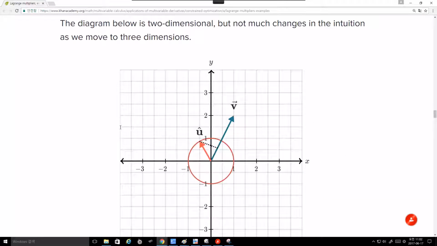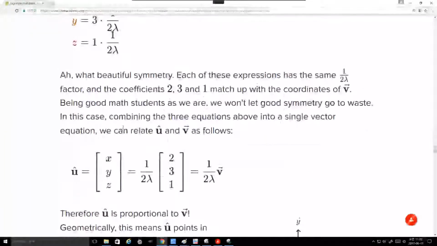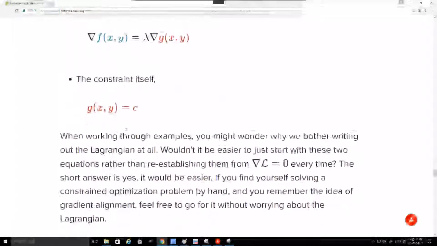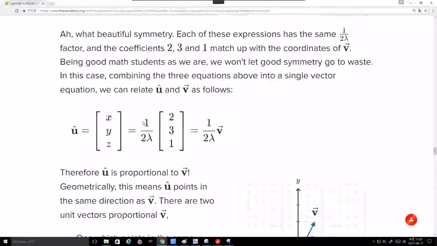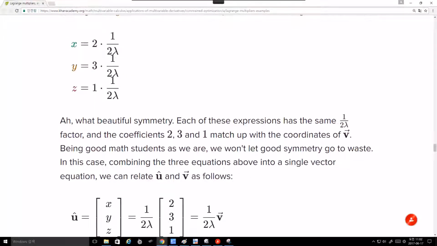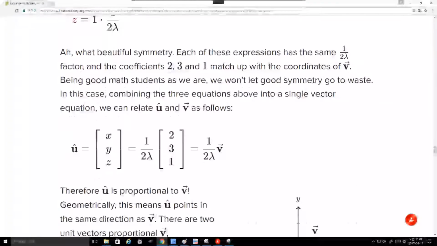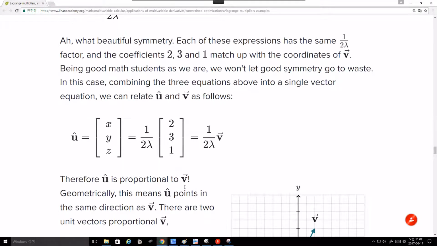Where v is the inner product. So basically, they lie on the same parallel line. So if we write this, u, which is x, y, z, is 1 over 2 lambda times something basically parallel to v. Therefore u hat is proportional to v.